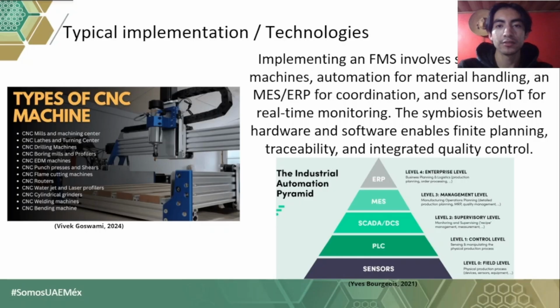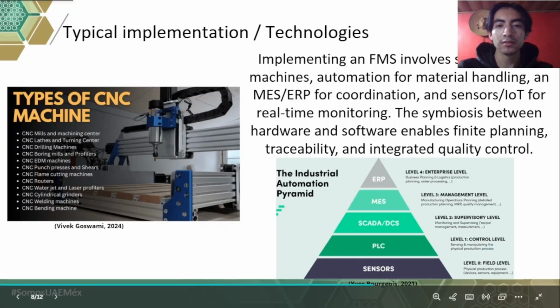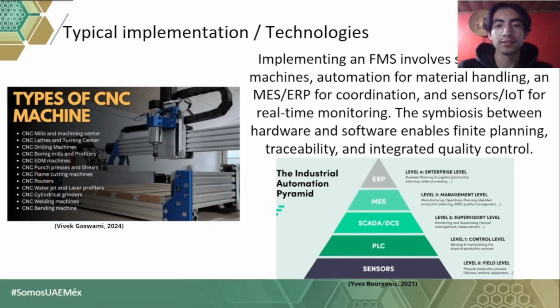Typical implementation technologies. Welcome to the future of high-mix, high-efficiency production. The flexible manufacturing system, or FMS, is not just a collection of machines but an automated, integrated ecosystem designed for unprecedented responsiveness. At its core are the CNC machines, which must feature automated tool and pallet changing to maximize uptime.